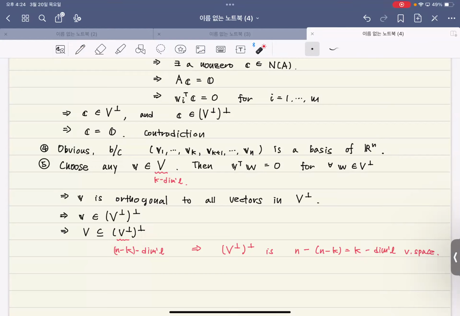And also we already assumed that V is again a k-dimensional vector space. So this is the scenario: I have this k-dimensional vector space contained in another k-dimensional vector space. Then the only possible explanation is that this guy is precisely that guy. Okay. So if you have a vector space, and if it contains a subspace whose dimension is the same as the ambient vector space, then the subspace must be the same as the ambient vector space. That is the idea. Okay.